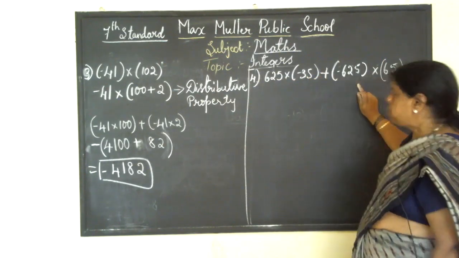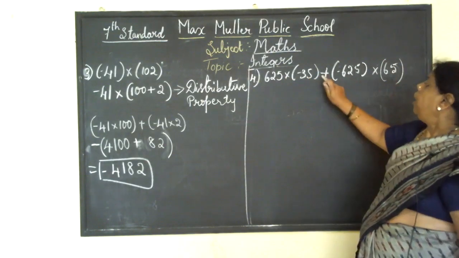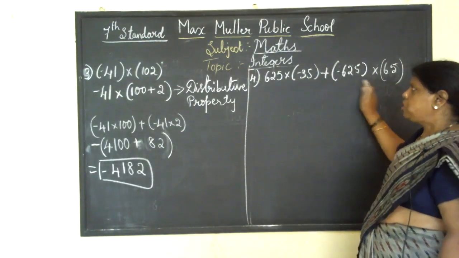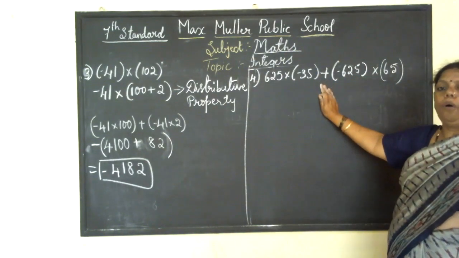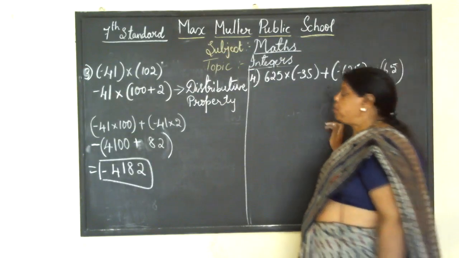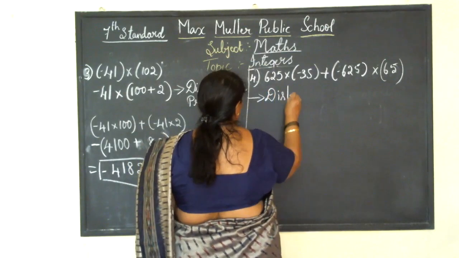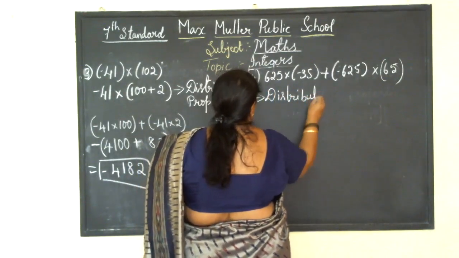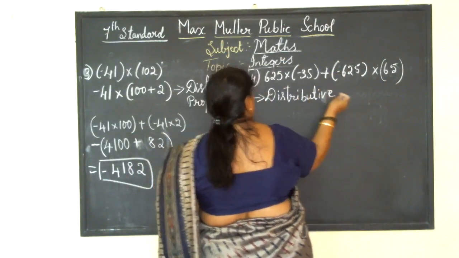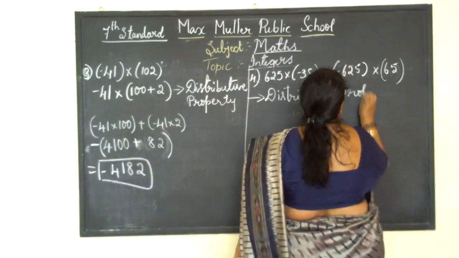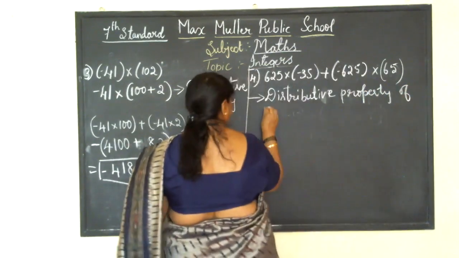Here 625 is multiplied with 65. Isn't it? So in between the two sets, you have addition. This is distributive property of multiplication over addition. Distributive property of multiplication over addition. Write the statement.